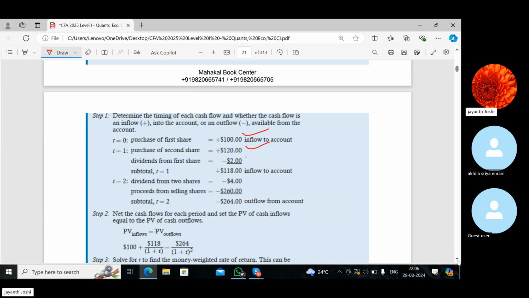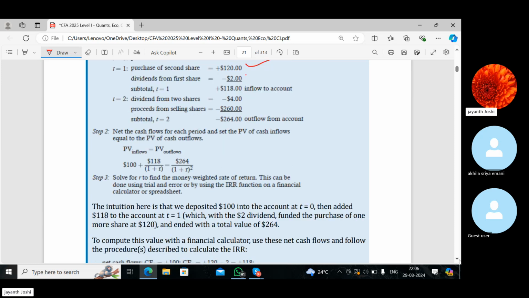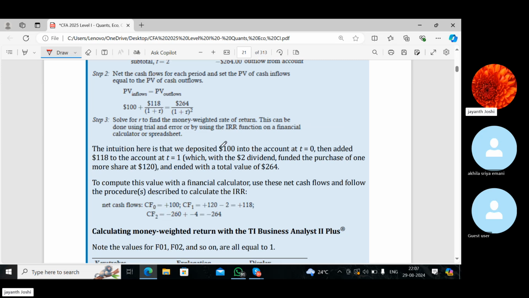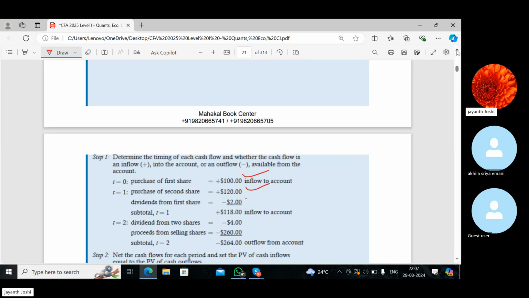From where they are assuming 120, it's a big shocker. The intuition is that we deposited 100 in the account, then added 118 to the account at T1, with which we funded the purchase of one more share. So 100 and then 120, 220.